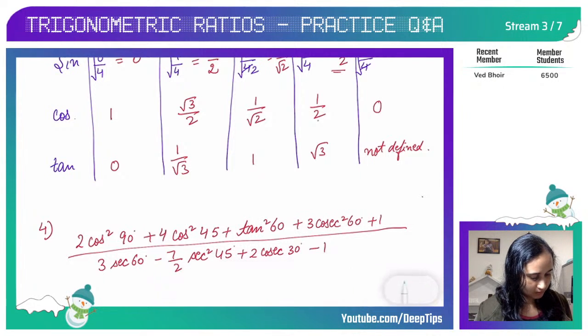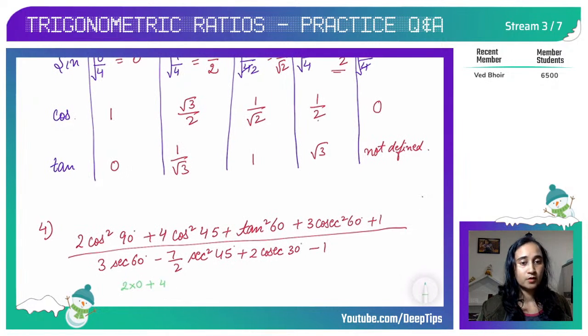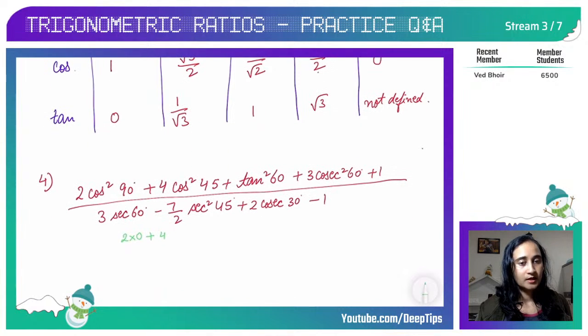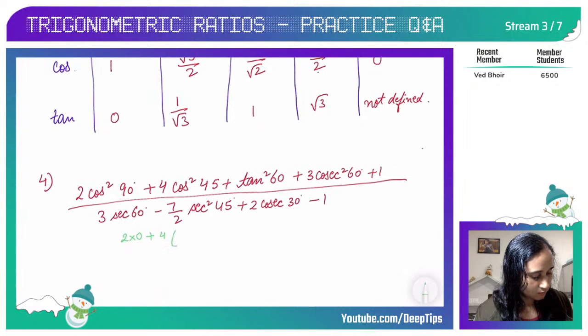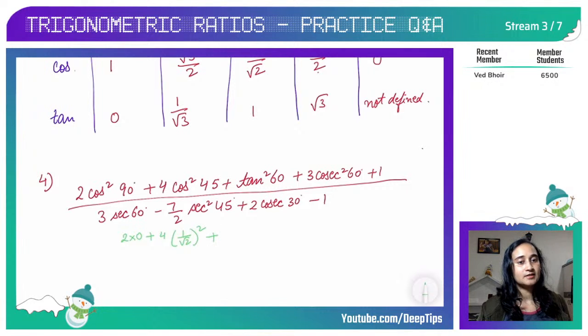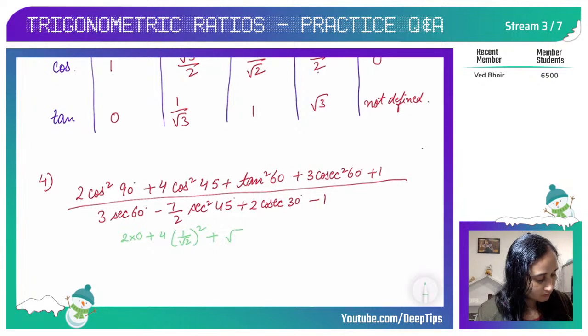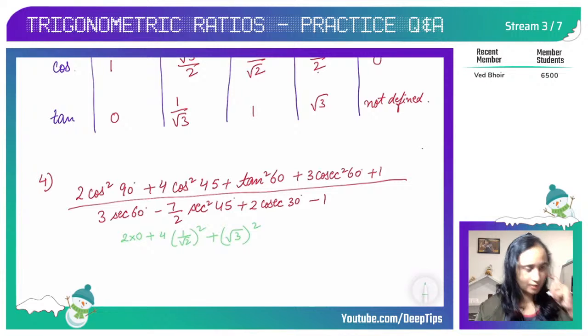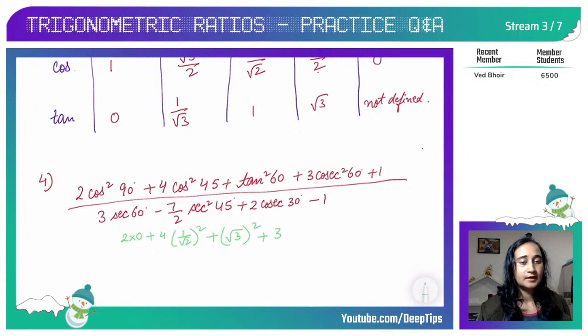We can write here 2 into 0, then plus 4 into cos square 45. We know that cos square 45 means 1 by root 2 whole square, correct? Then I have tan 60. So tan 60 is root 3. We can write here root 3 whole square plus 3 times cosecant square 60.